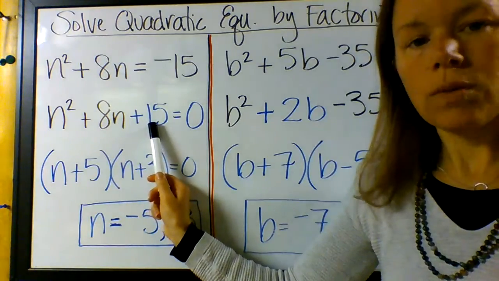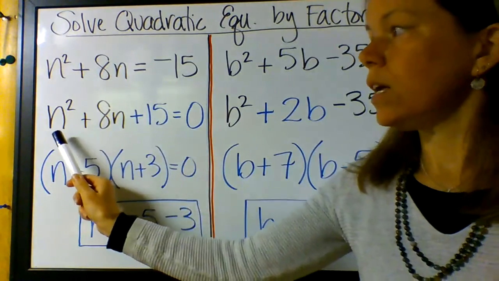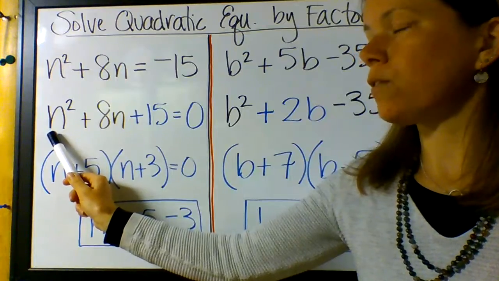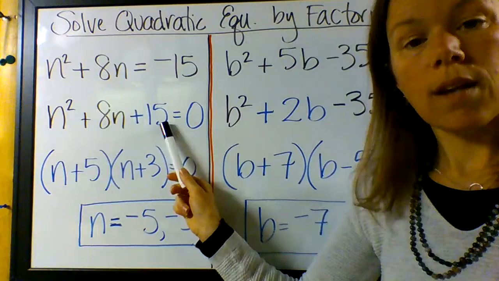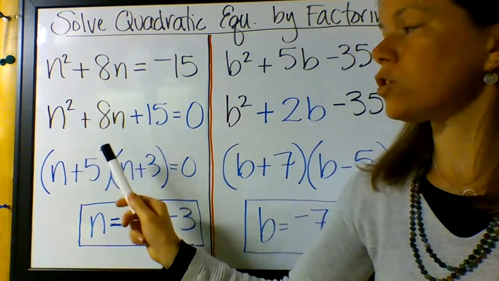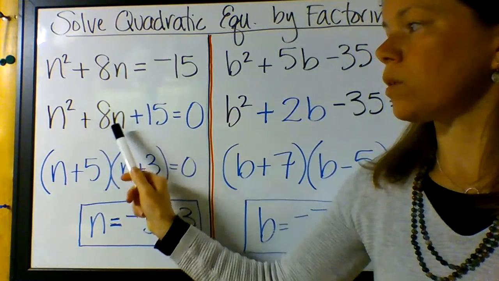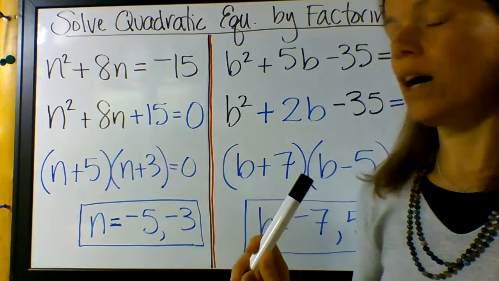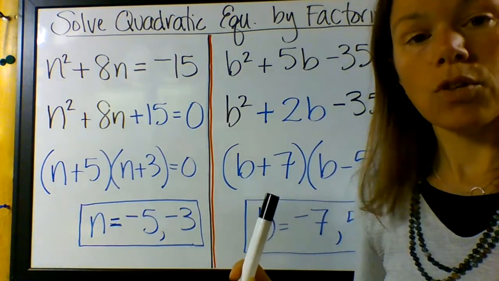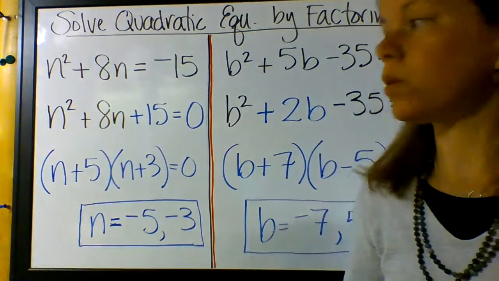Now I'm always going to put my highest exponent first, and then my next highest, all the way down to the lowest exponent. So this is an exponent of 2. There's an invisible exponent of 1 there. And then I've got my constant 15, where there's no exponent visible and there's no variable.